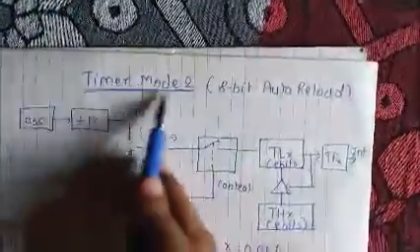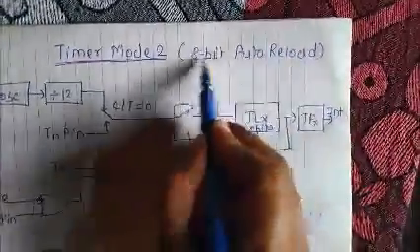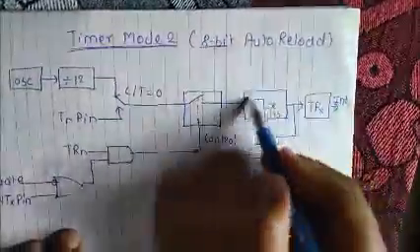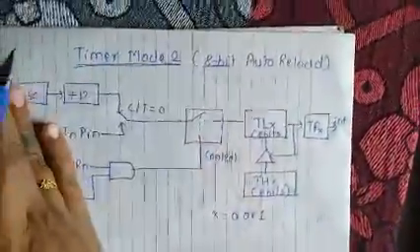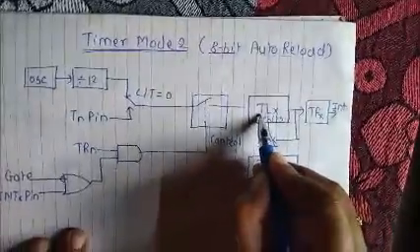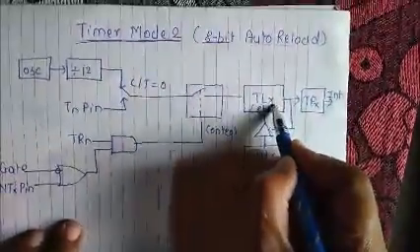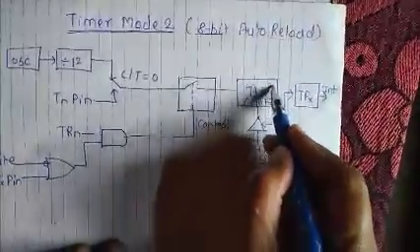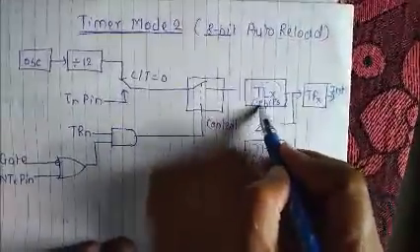Now we go to timer mode 2. Timer mode 2 is an 8-bit auto reload. What is the concept of auto reload? We check the output here; the remaining parts are the same. Here we have TLX, where X stands for either 0 or 1. It is 8-bit, so we use only the lower byte of the timer.